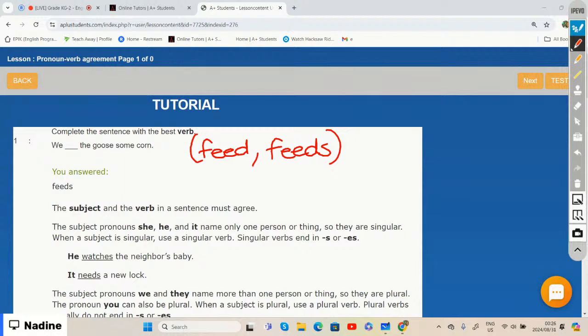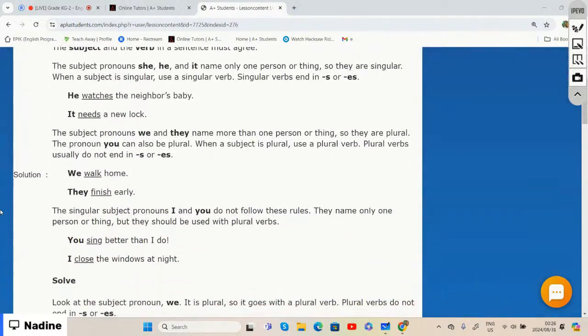So we can then say we feed. If we were to choose the correct one, we will say we feed. We feed the goose some corn. Feed is correct.